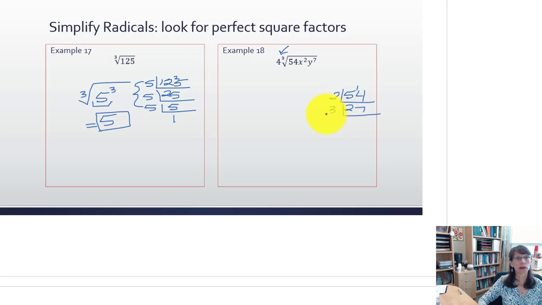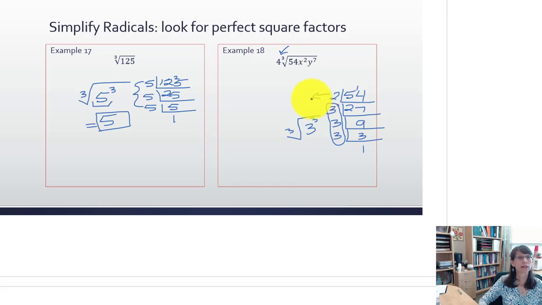27 is divisible by 3, leaving 9. 9 is also divisible by 3, leaving 3. And of course 3 is divisible by 3, leaving 1. Remember, this is a cube root problem, so I'm looking for 3 identical factors. I could think of this as 3 cubed under a cube root.